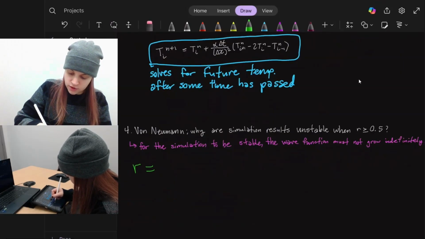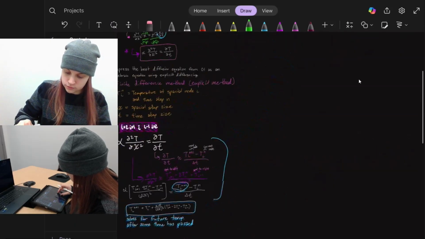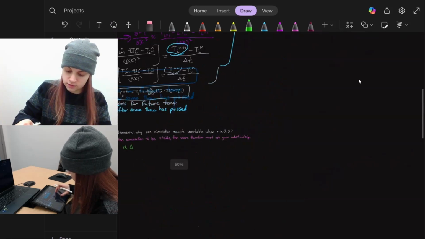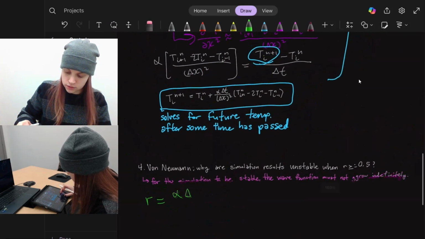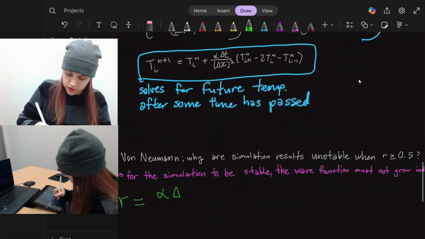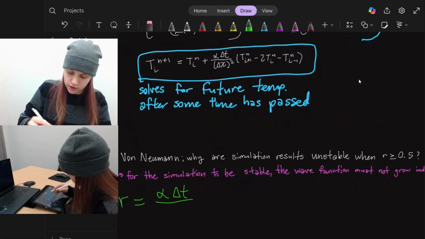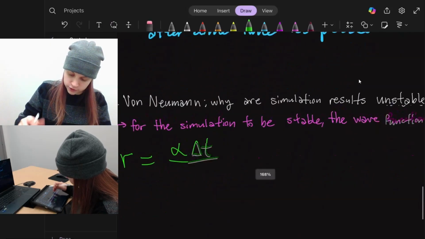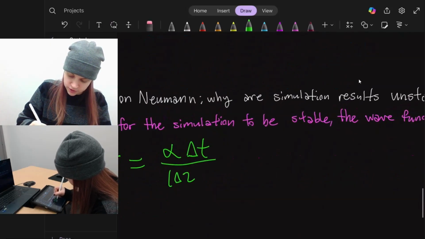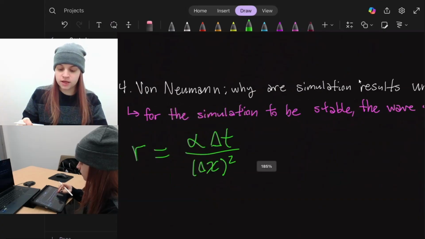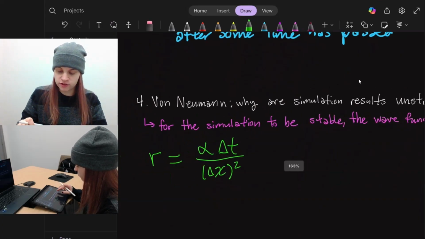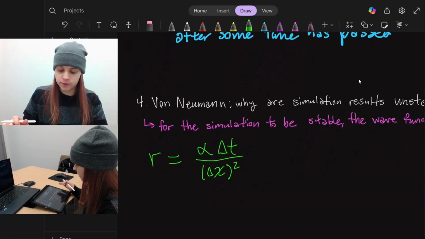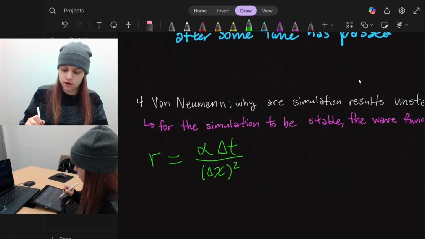R is equal to the thermal diffusivity times the time step change over the position change squared, and we're doing that just for the ease of being able to write this out, because all of these would be constant values.